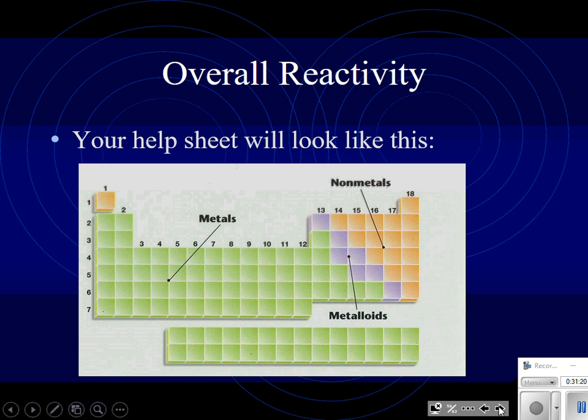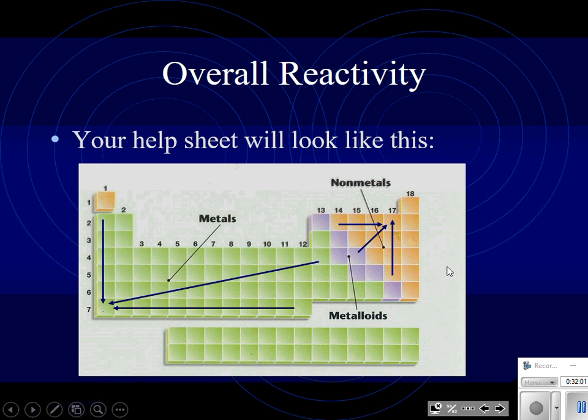So where is going to be the most reactive metal? Here. Now notice, I didn't take my line over into the nonmetals, because the nonmetals are different. Where's my most reactive nonmetal going to be? Fluorine.